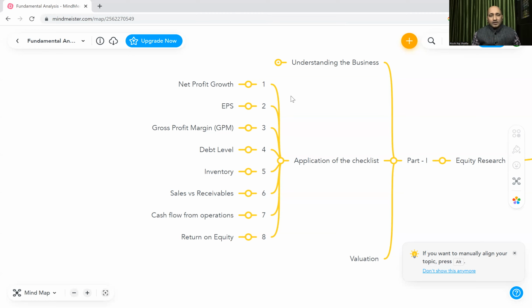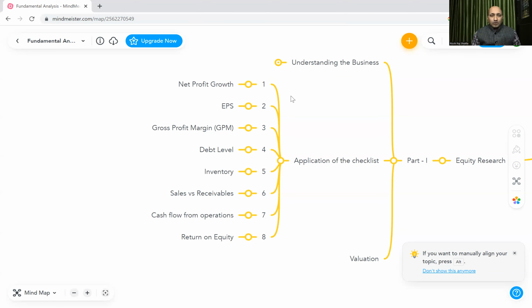Sales versus receivables is also an important parameter. If sales are increasing, receivables can increase in line with sales, but not more than that. If receivables are not increasing while sales are increasing, then it is a wonderful sign to go ahead.